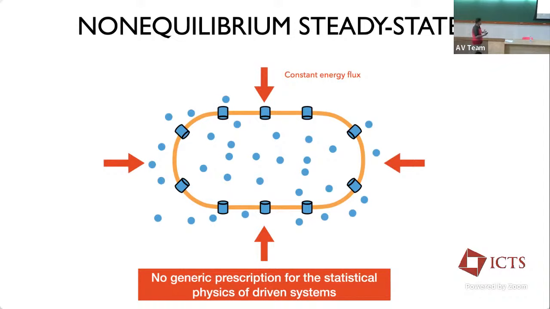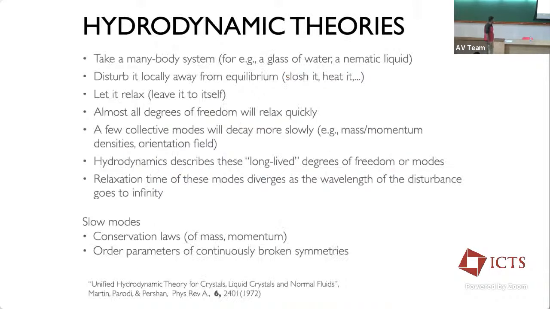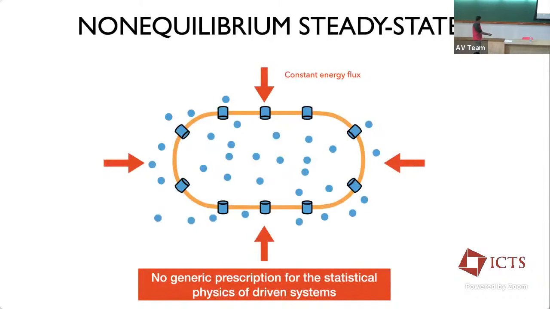It's because it's reached a non-equilibrium steady state where there is a constant consumption and dissipation of energy, and yet the probability distribution to find these macroscopic states is time independent. The point to note is that we don't have a non-equilibrium statistical mechanics in general as much as we have an equilibrium statistical mechanics. We have loads of tools and theories and rules of thumb, and these things do work most of the time. But a generic theory like that of equilibrium is something which we still lack.